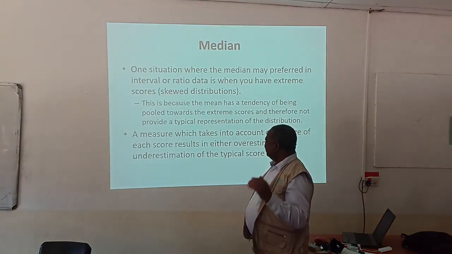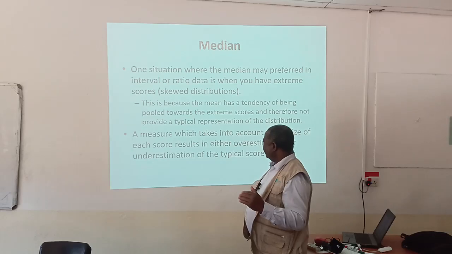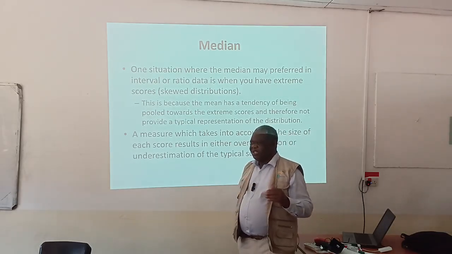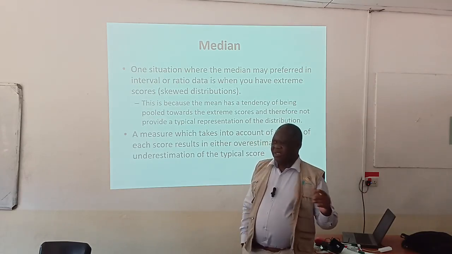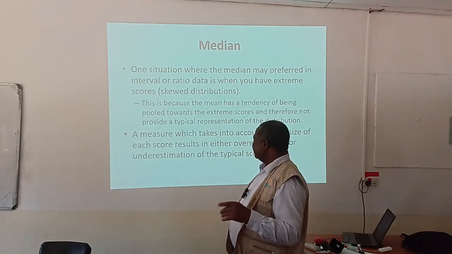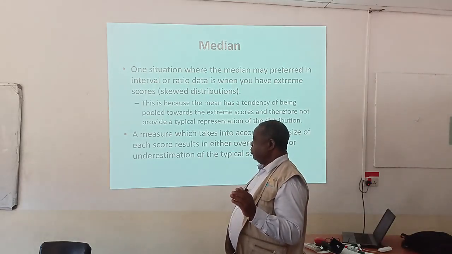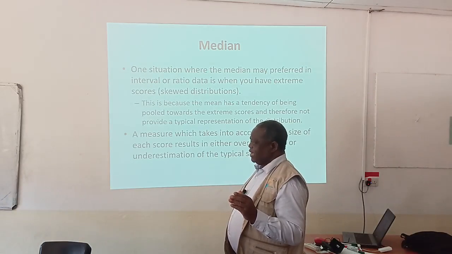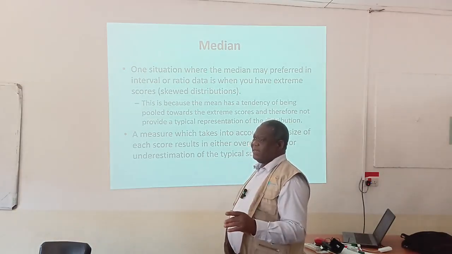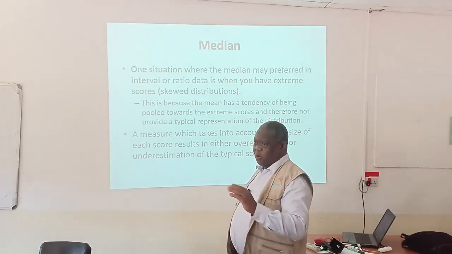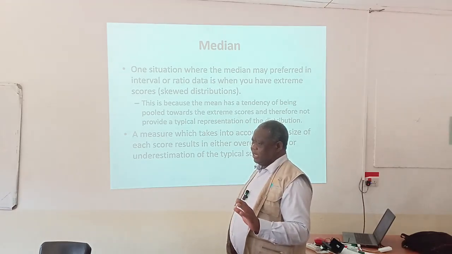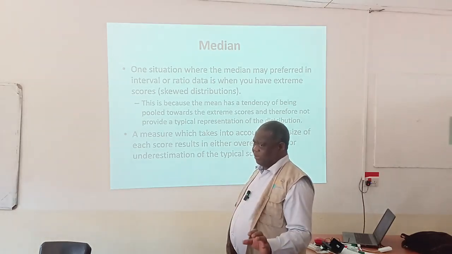But if your data is skewed, you may wish to use both the mean and the median just to help whoever is studying your data to know that this data set is not normally distributed. It is in a skewed distribution.